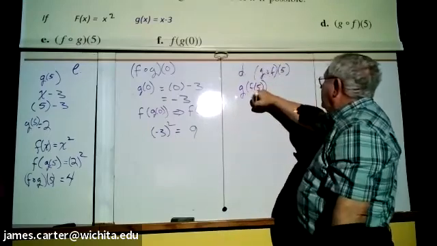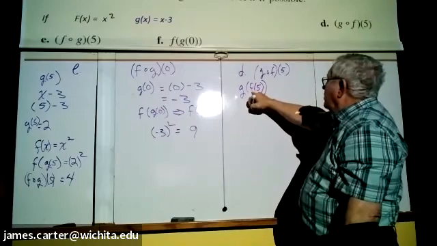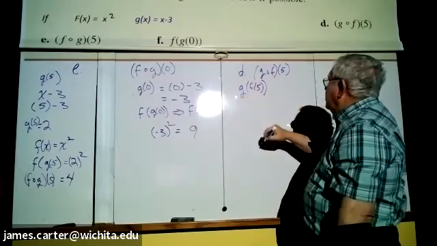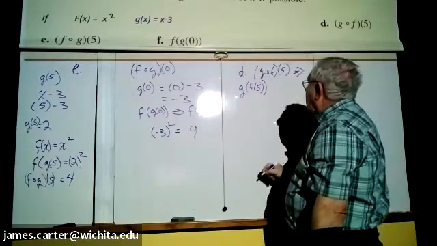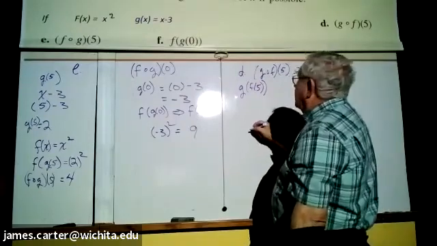In other words, we're going to replace 5 into F, and then we're going to replace that answer into G. Okay, it becomes that. So let's start dealing with numbers.